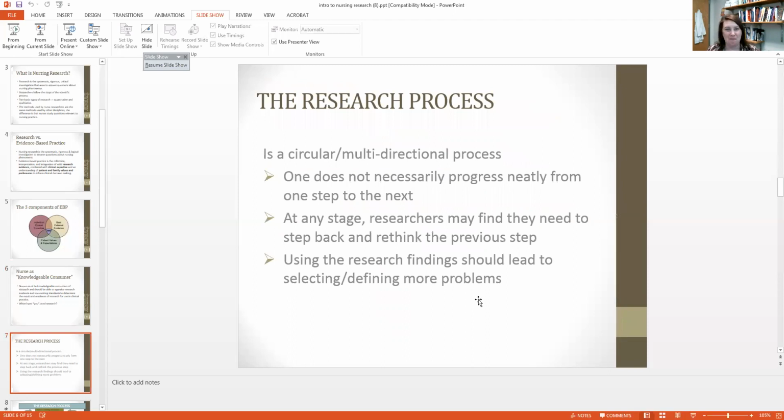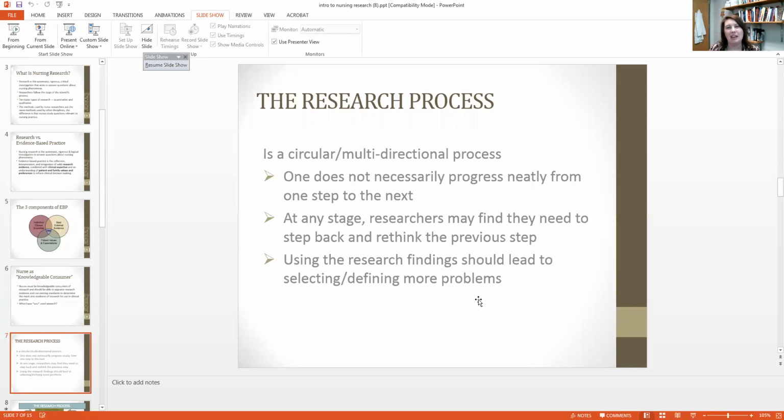Oftentimes the research process can be a circular process where you start out thinking that you're interested in a certain topic, and through your exploration of that topic, it leads you down other trails of, oh, I hadn't thought about this when I started on this, but this is an interesting thing to look at. So research is not always a linear process, and that can be frustrating from time to time for people.